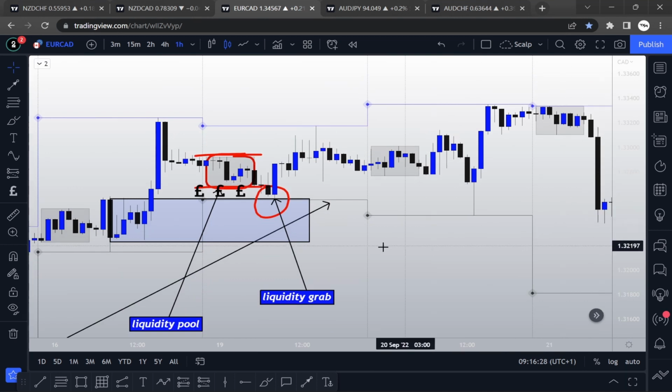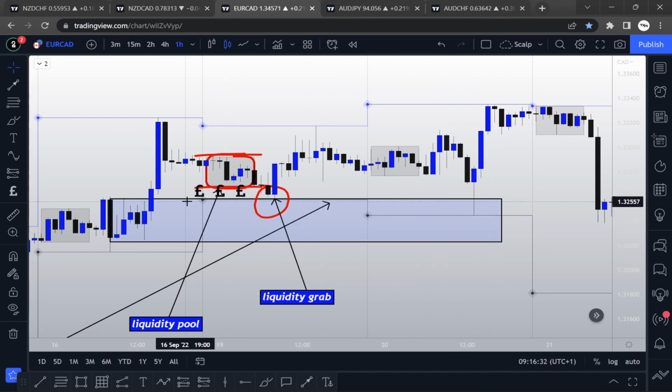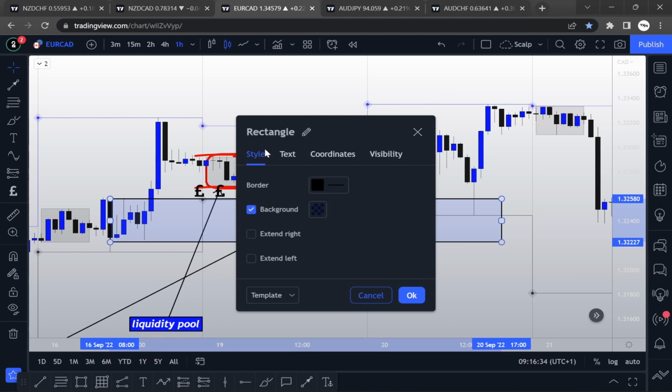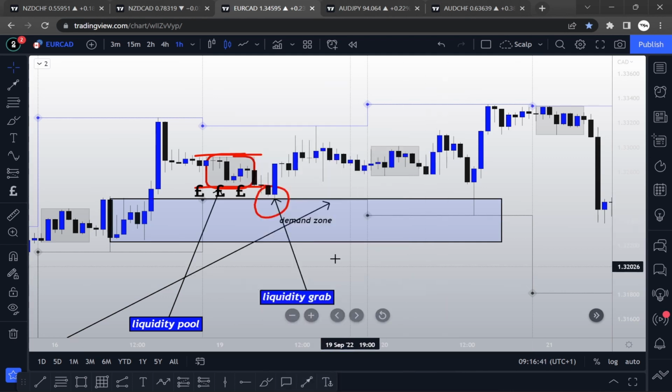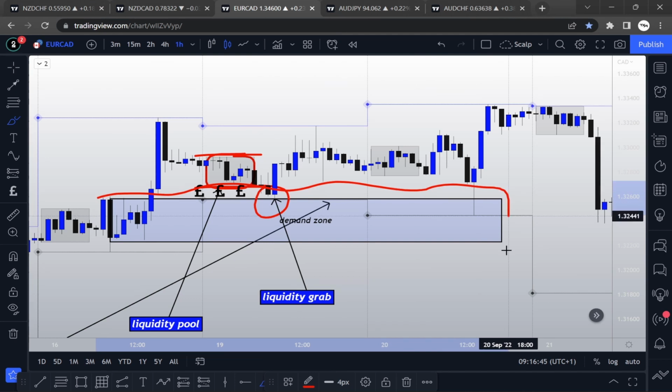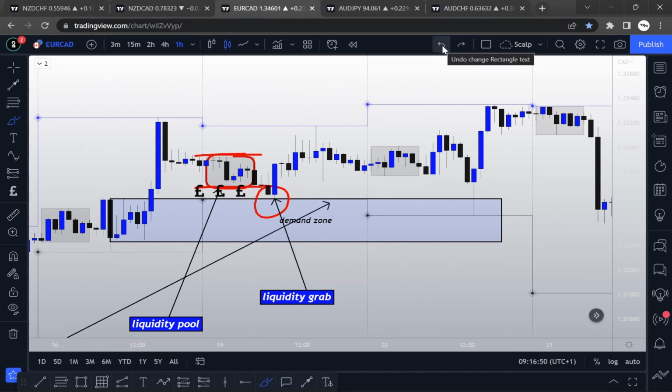So if we expand this demand section, this blue box is a demand zone. That's a demand zone. This whole blue rectangular box, that's a demand zone. Once again, remember this.